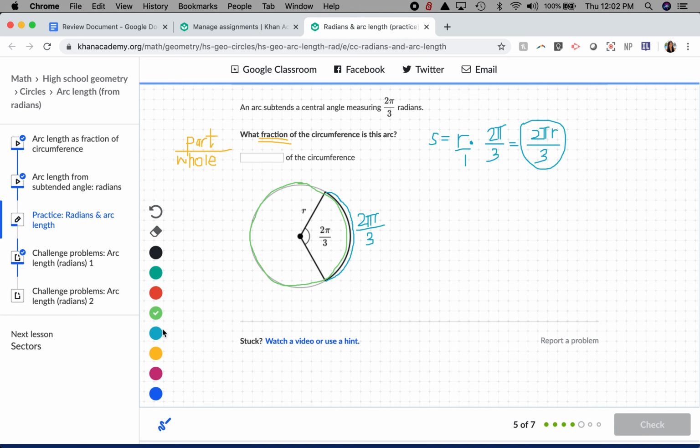The arc length of the whole circle is simply its circumference. And to find the circumference of any circle, the formula is 2 pi r. In this situation, we're not given the measure of the radius. So the circumference in green will simply be 2 pi r.